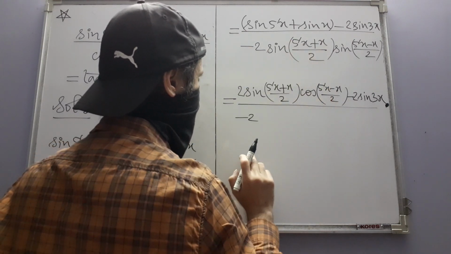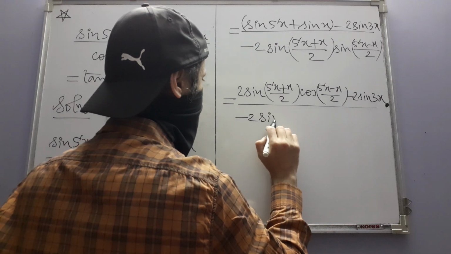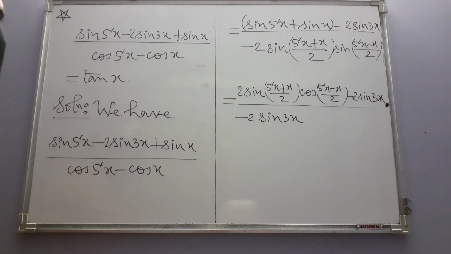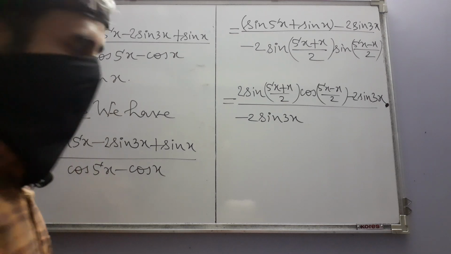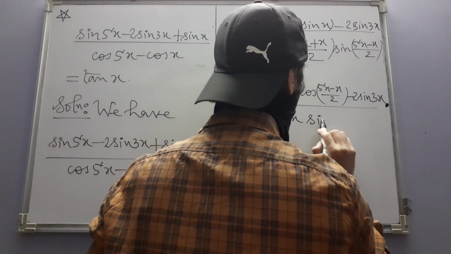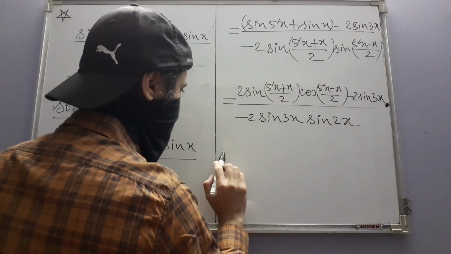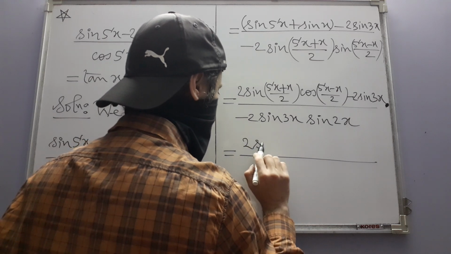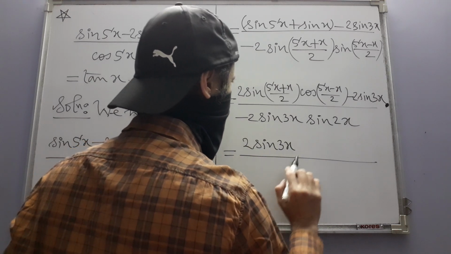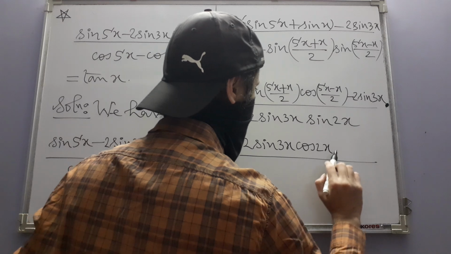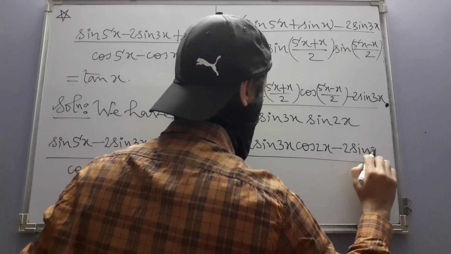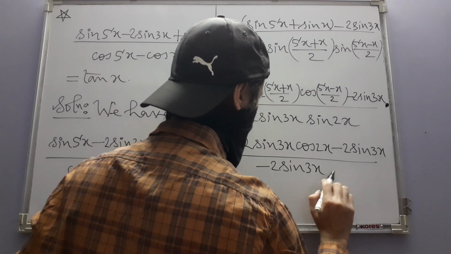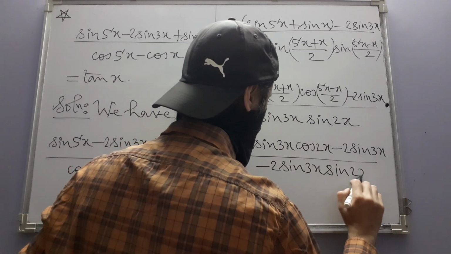So 6x divided by 2 is 3x. 5x minus x is 4x. 4x divided by 2 is 2x. And accordingly, the angles in the numerator will also be like that. 2 sine 3x cos 2x minus 2 sine 3x, sine 2x.